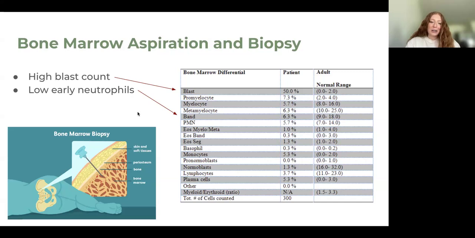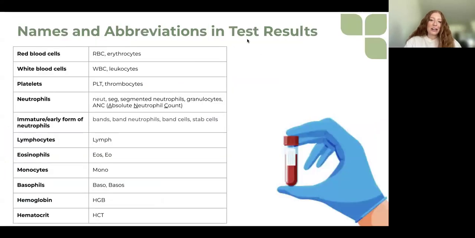In the next slide, I'll talk about the abbreviations. There's a lot of different abbreviations for different cells, and it can be really confusing because you'll see a lot of these abbreviations and names on your test results, and it could be really unfamiliar. So you will have access to this presentation later.